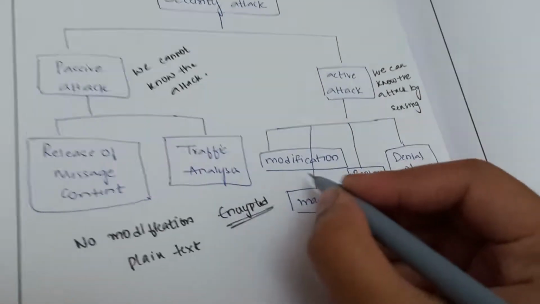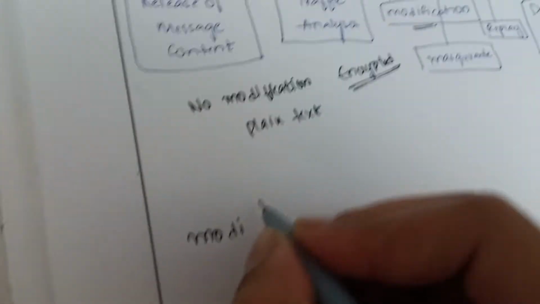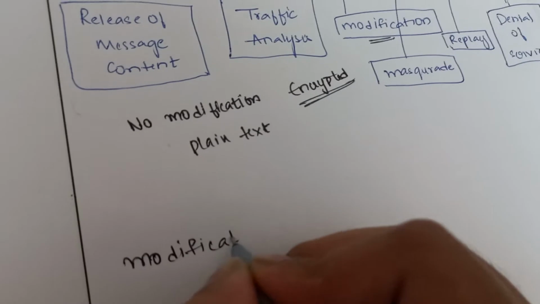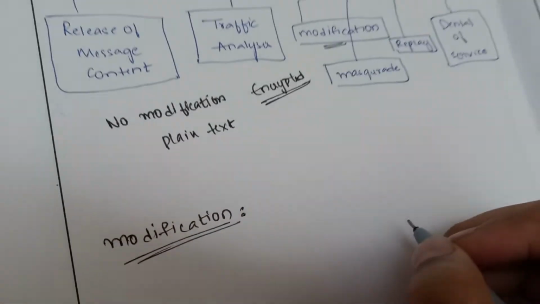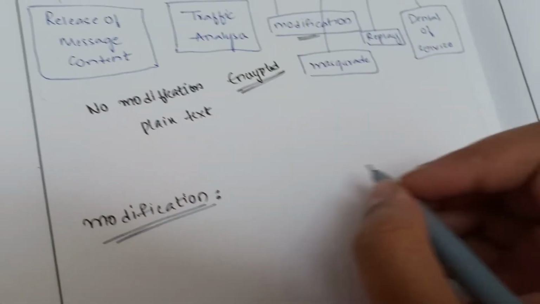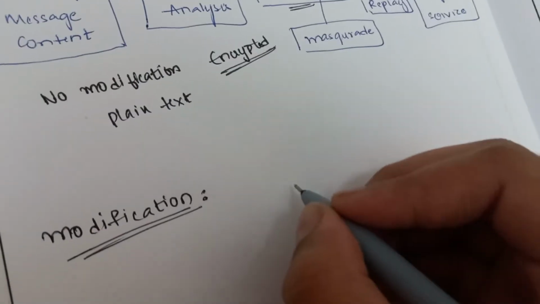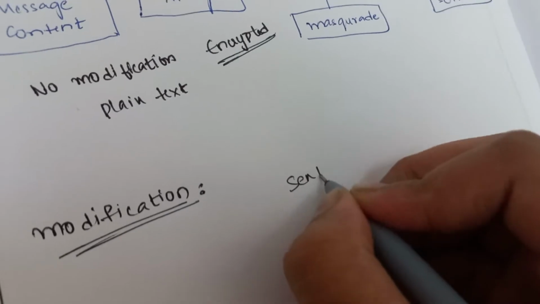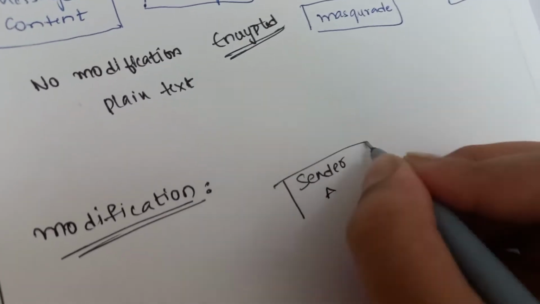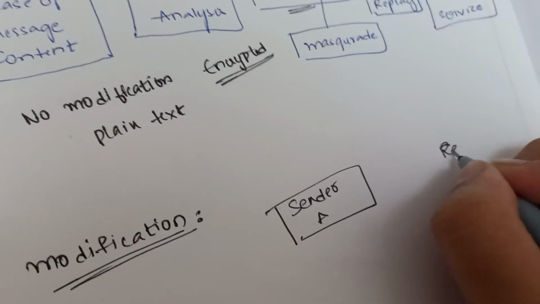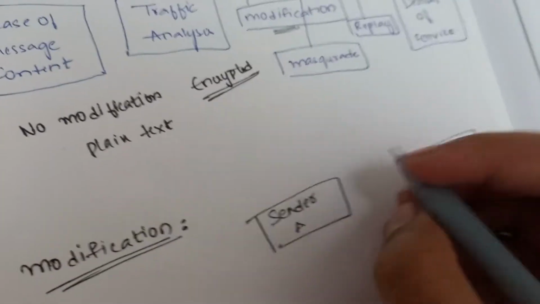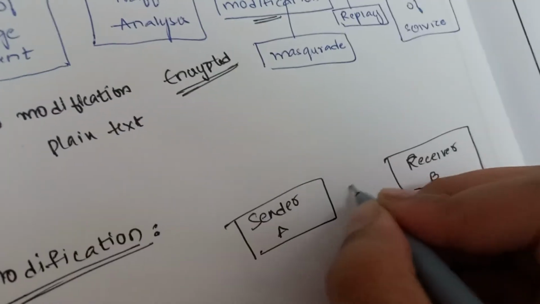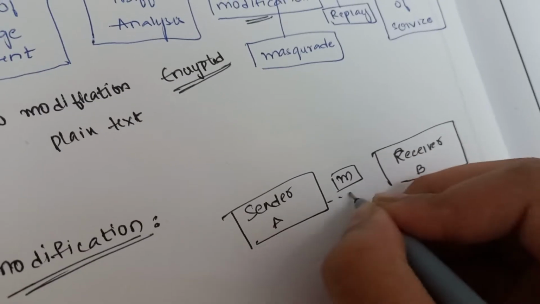Here comes the modification attack. In the modification attack, the attacker attacks the message which is sent from the sender and received by the receiver. For example, we have sender A and receiver B. The main criterion is to send the message M as a packet from sender to receiver.